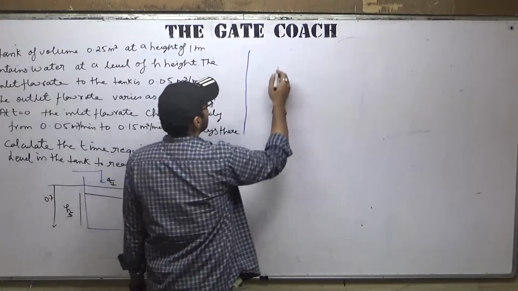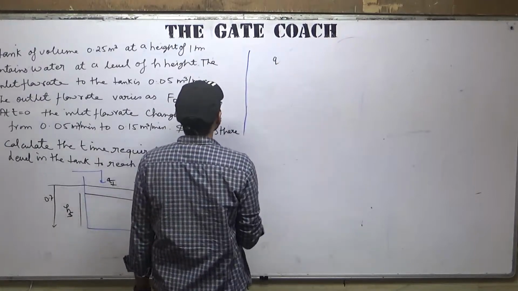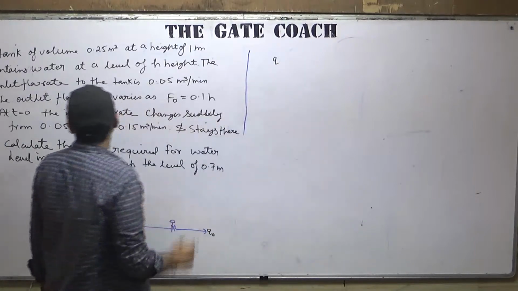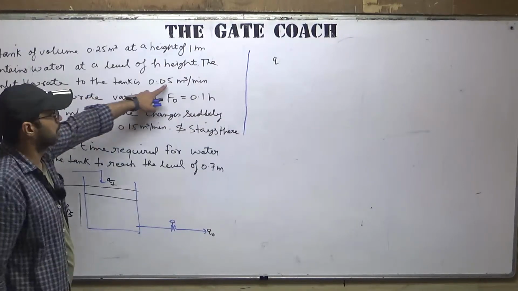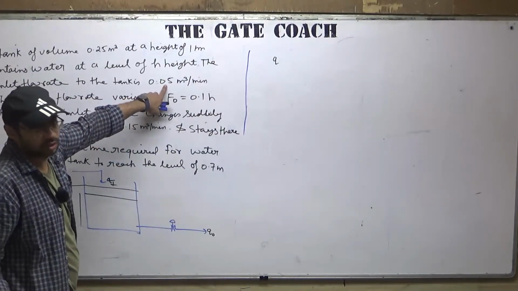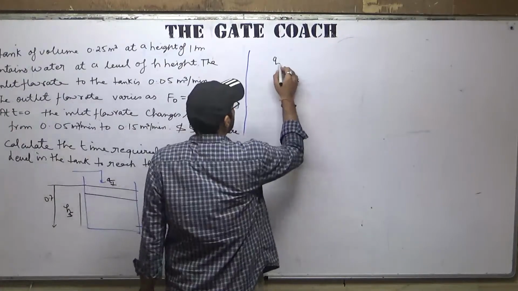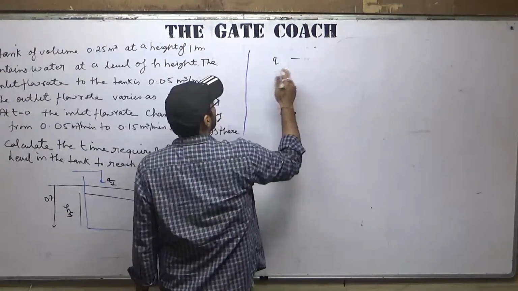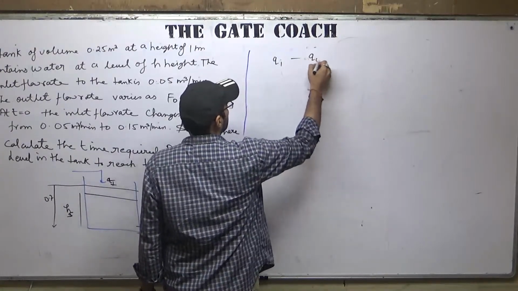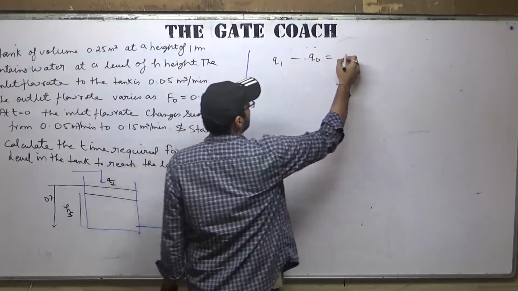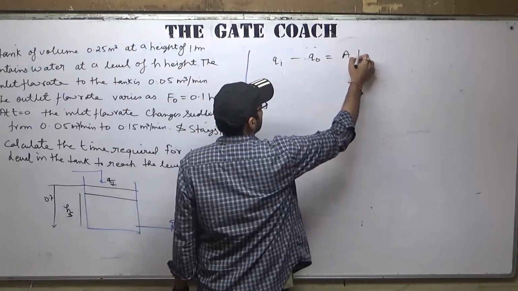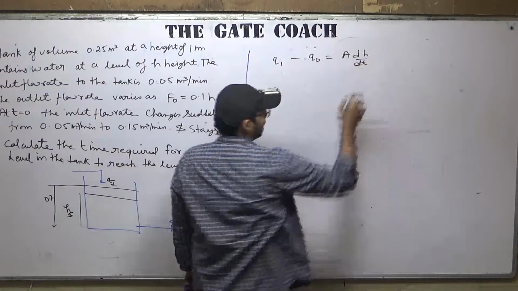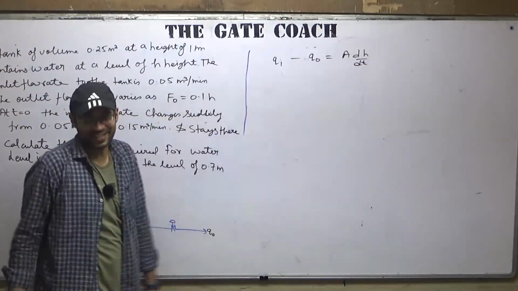We know one thing. What is that thing? The initial inlet flow rate is there, but we don't know the initial outlet flow rate. But we know that qi minus q naught equals a dh by dt. It is not zero right now.